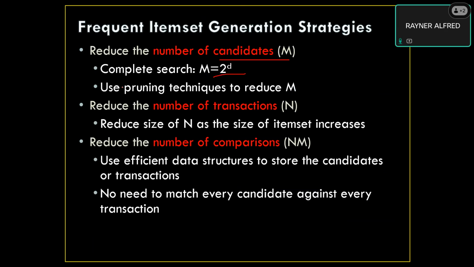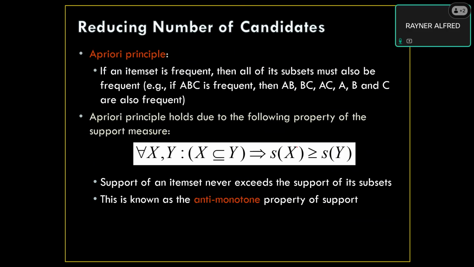So what we can do is use a pruning technique to reduce the M, or we can reduce the number of transactions, or we can reduce the number of comparisons. So we need to deal with data structures, binary trees, and so on. We could also use this principle. We call it the Apriori principle.